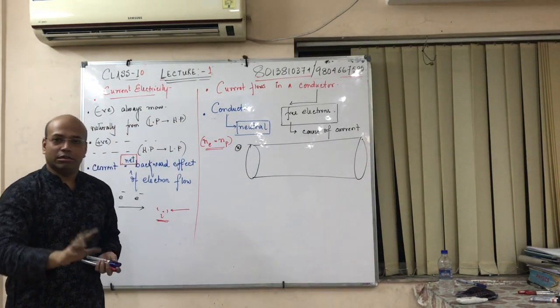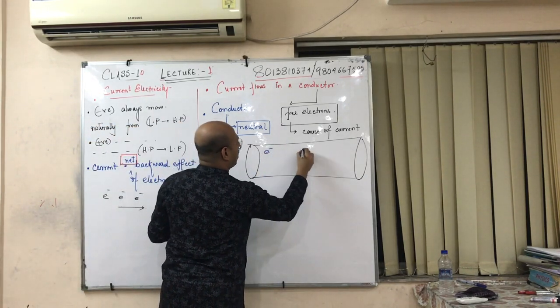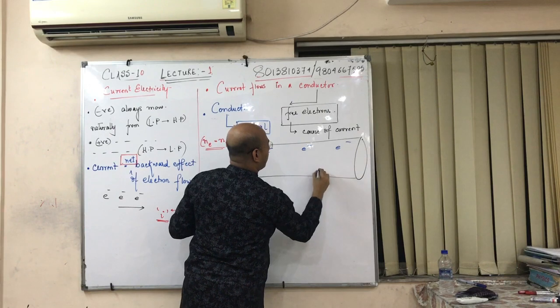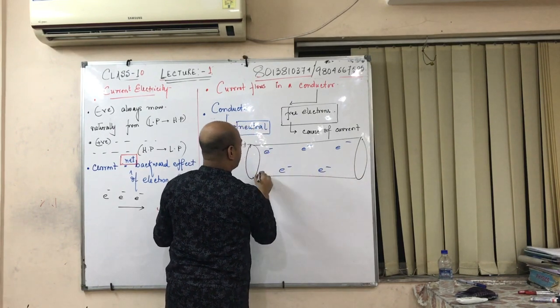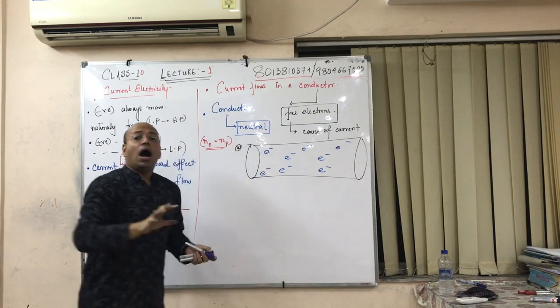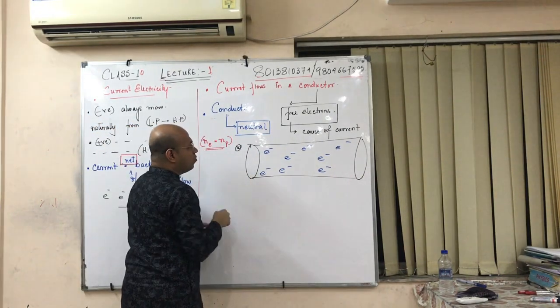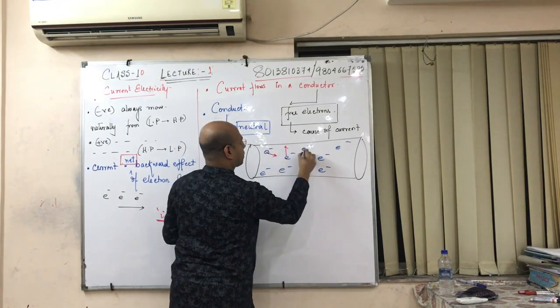Suppose this is a conductor. They have many free electrons. Suppose e minus, e minus, e minus, e minus, e minus, e minus. Now, in random, how do they move? They move something like this way.